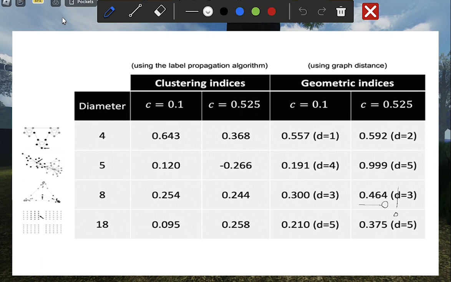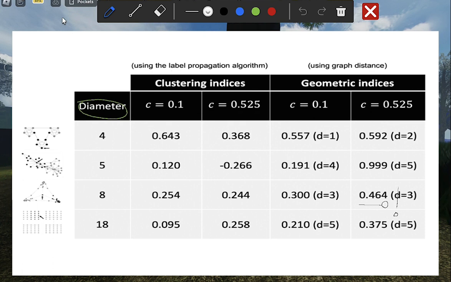In the case of the clustering indices, we label them according to whether they belong to different clusters, and we pick the one that's best. By the way, this diameter thing is just the diameter of the graph, a graph statistic.